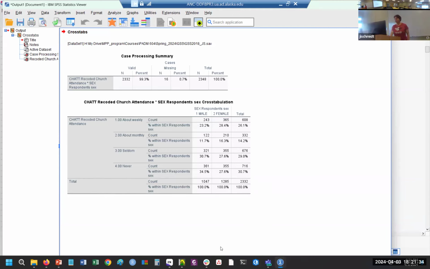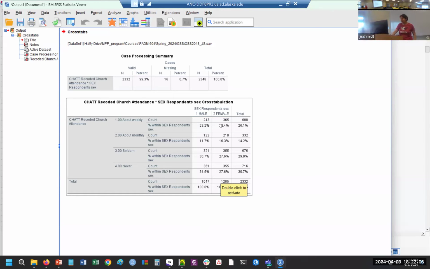Looking at this, does it look like there's a difference between church attendance for males and females? I would say there seems to be a pretty big difference. Who goes to church more? The women. Looking at it, 34% of men said never, only 27% of women said that.